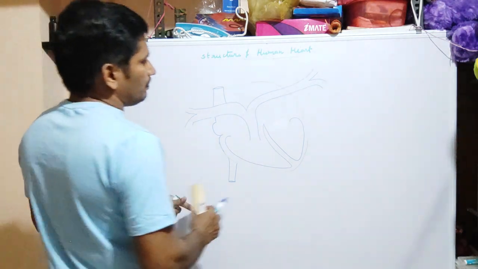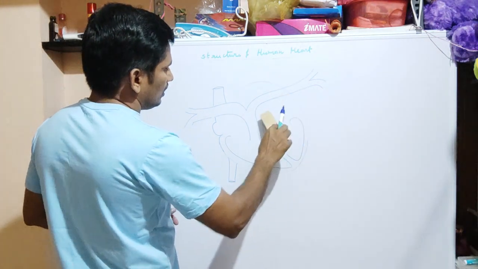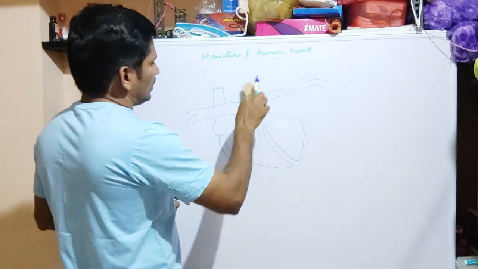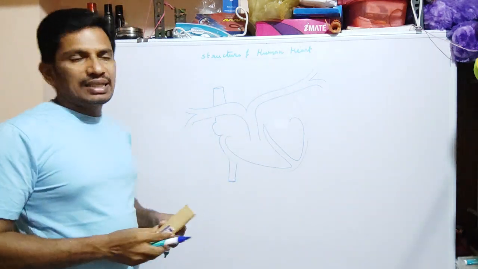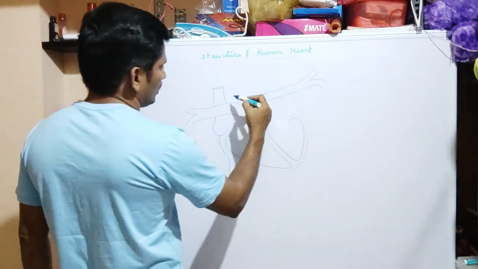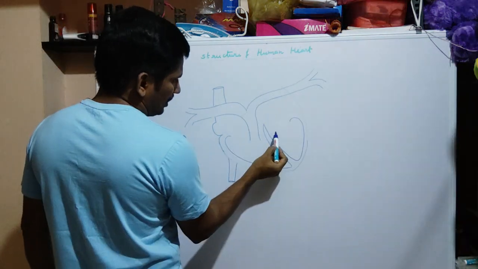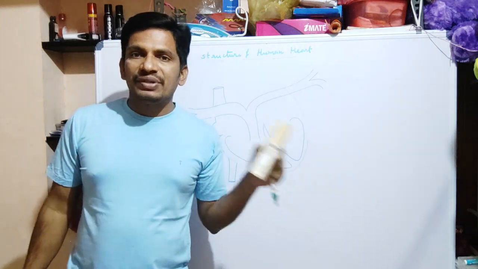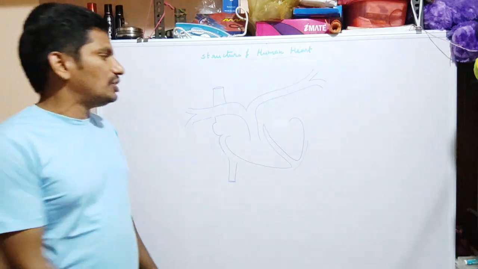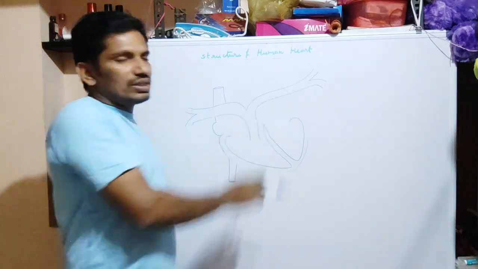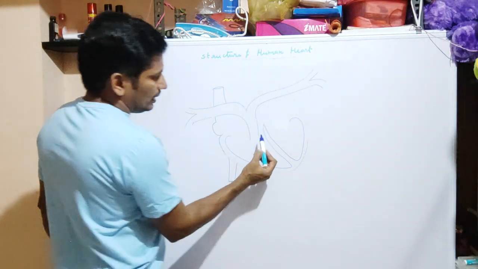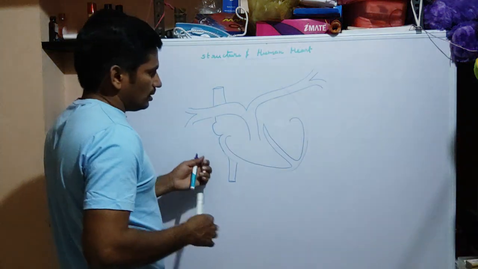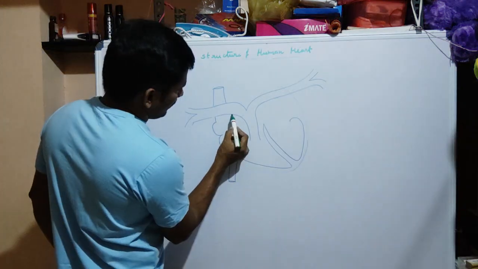In the next step, just draw this line and you can draw the systemic aorta. That is also an arch. It should start from the left ventricle only, because it has oxygen rich blood. So here it starts from here. You can differentiate this one from here.